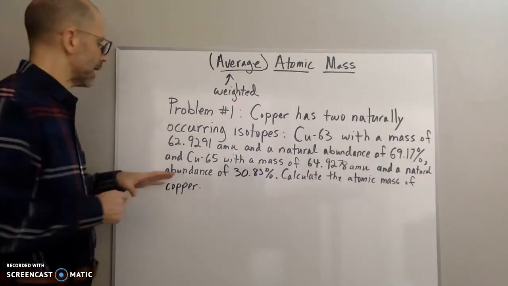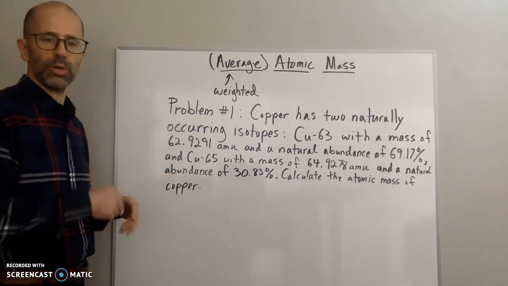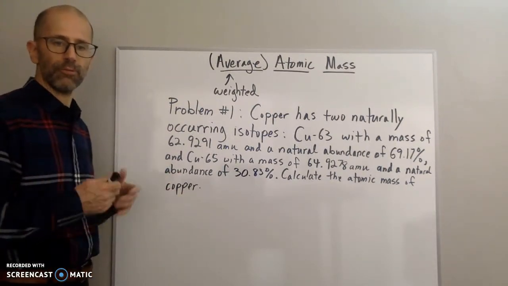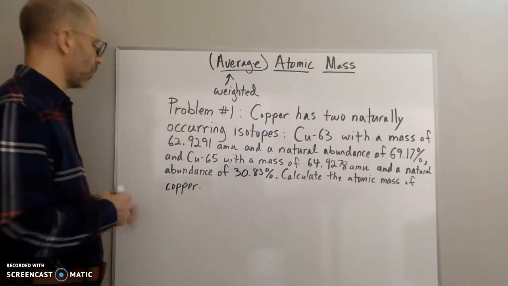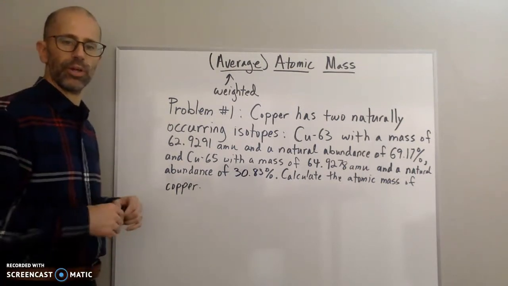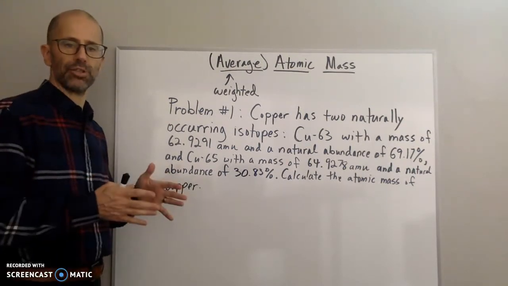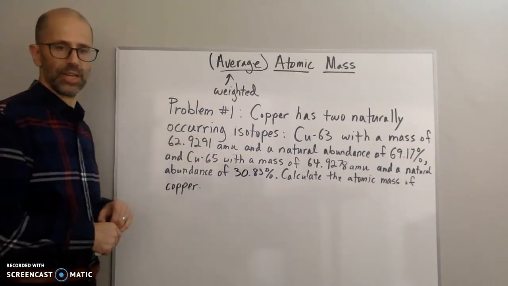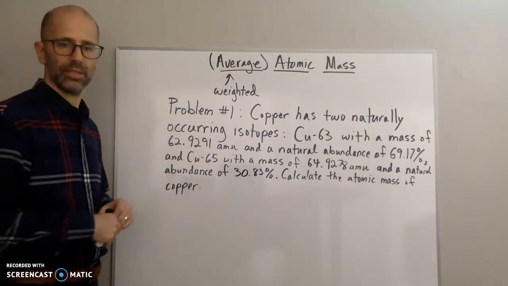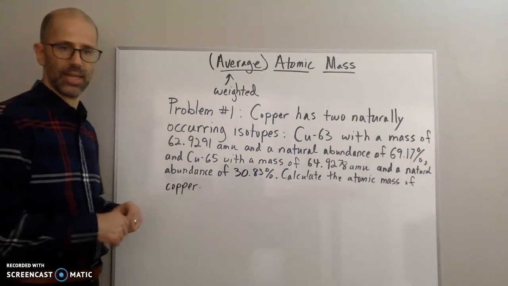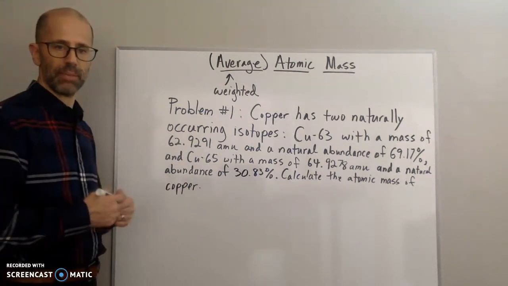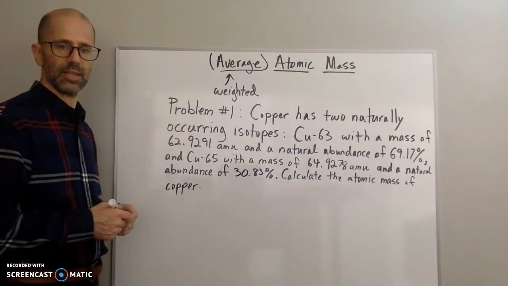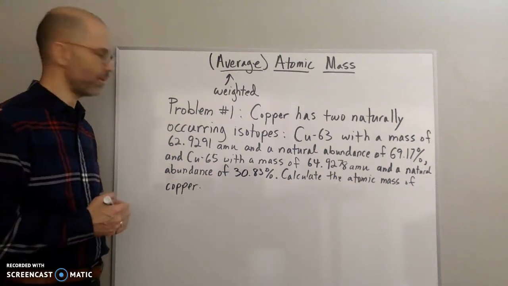So if we go back to what we learned before regarding the formula, what we're going to do is find the fractional abundance of each isotope and multiply by the mass of each isotope and then add those together, and that will give us the average atomic mass, which is the atomic mass of copper.